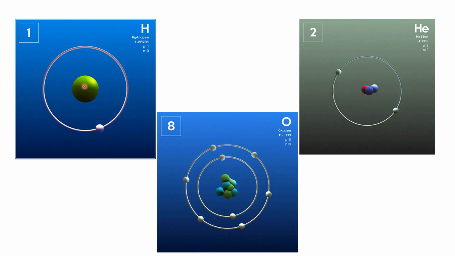Now if I want this hydrogen to react with oxygen, is it possible? And the other option is, I want this helium to react with oxygen. What do you say? Out of hydrogen and helium, which atom will react with oxygen and why?